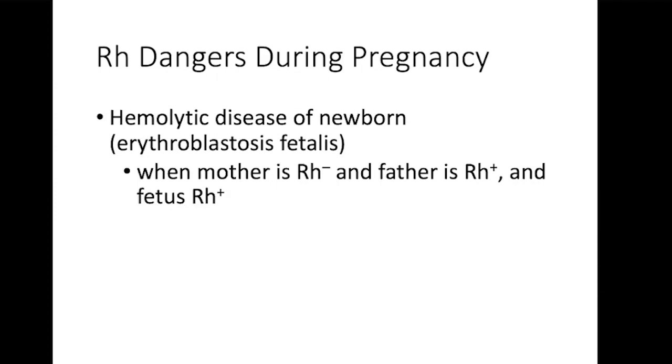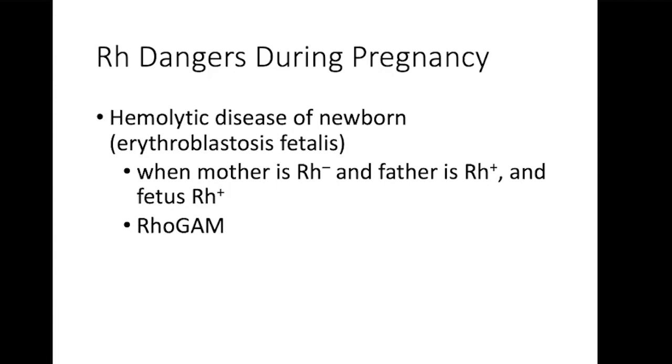After this initial exposure, the mother will have antibodies which can attack the fetal blood cells if she has another fetus that is Rh positive. To prevent this, pregnant women who are Rh negative are given 2 shots of RhoGAM, one during their pregnancy and one immediately after delivery.